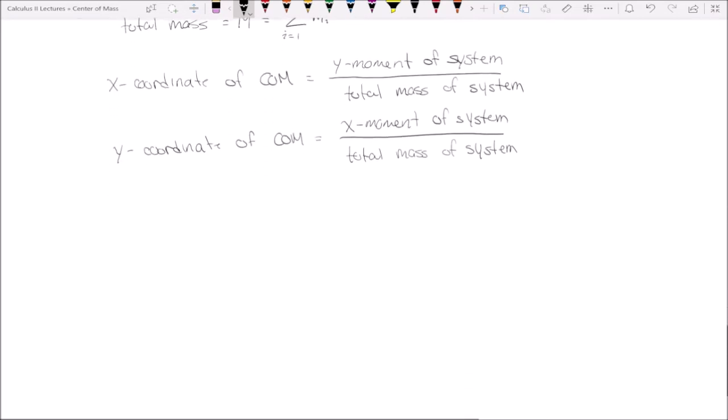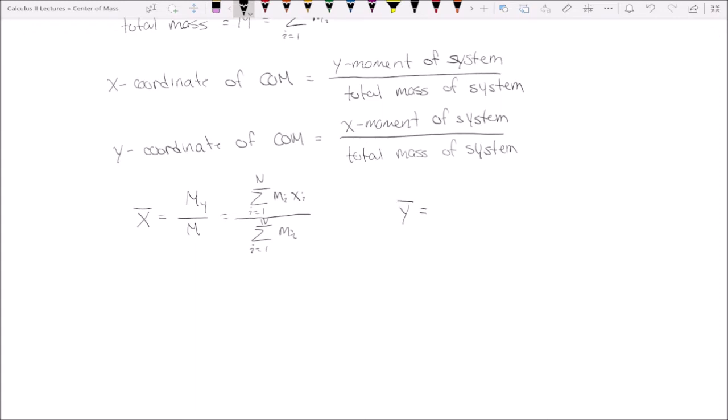All right, so mathematically, x bar is m sub y over m, which is the sum i equals 1 to n of m sub i times x sub i, all over the sum i equals 1 to n of m sub i.